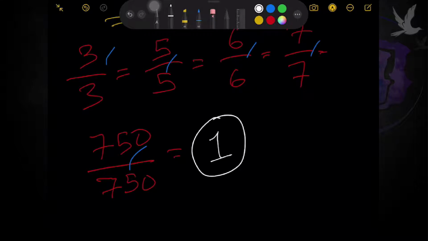When a numerator and a denominator have the same value, it is equivalent to 1.